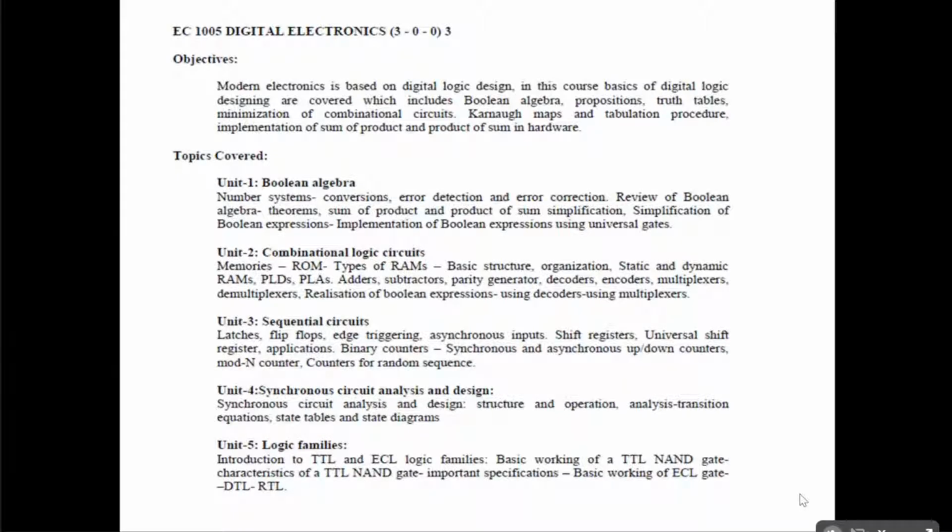Next unit is logic family. So what is logic family? Every digital circuit application, for example, take mobile phone, laptop. In this, we are seeing ICs. Generally, what is inside the IC? It is based on digital circuit technology.